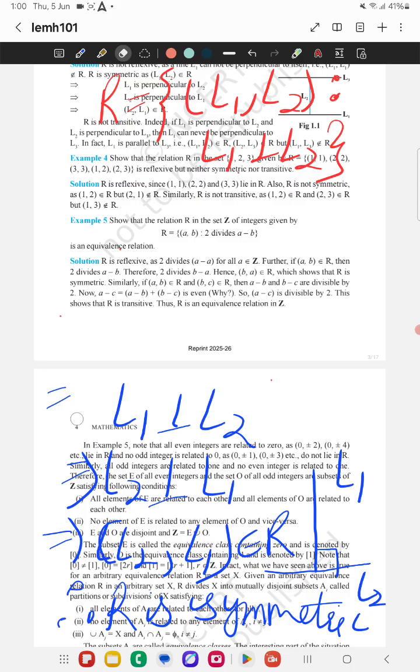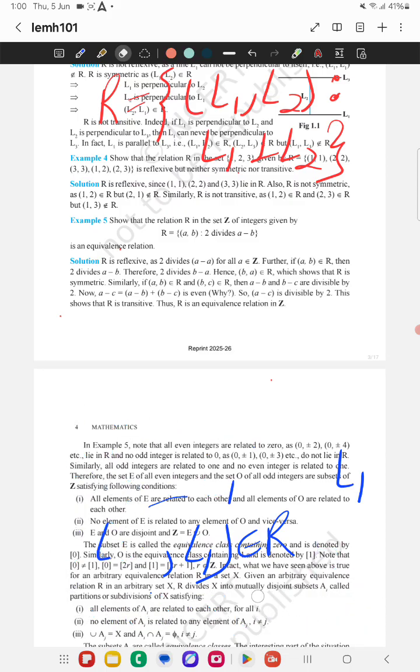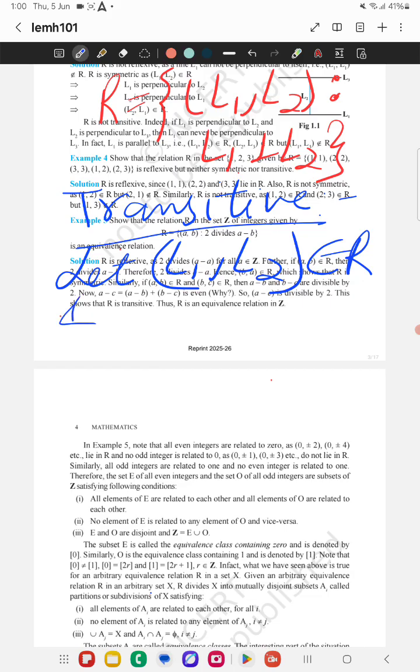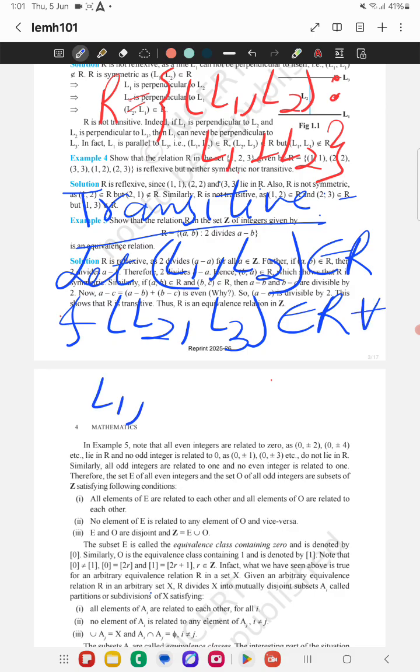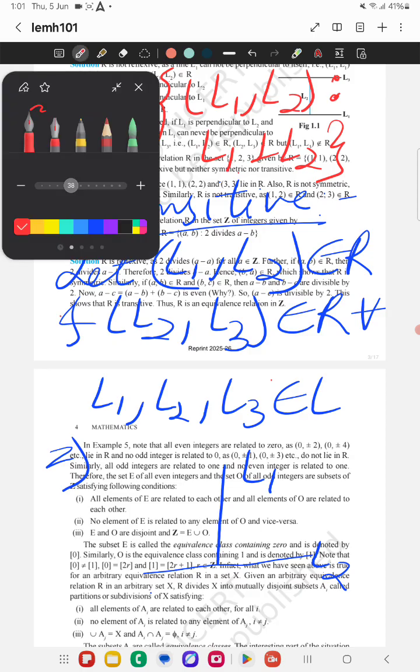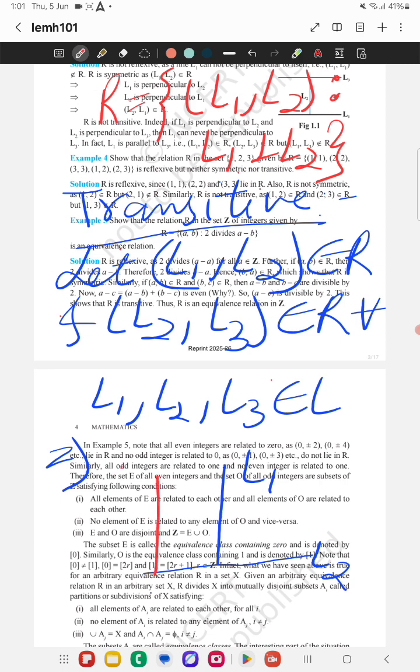Now let us proceed toward the next, that is transitive. For transitive, let (L1, L2) belongs to R and (L2, L3) belongs to R for all L1, L2, L3 belongs to L. Before writing the steps, I will write here: suppose L1 is perpendicular to L2 and L2 is perpendicular to L3.